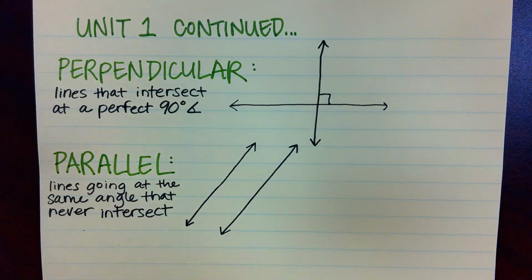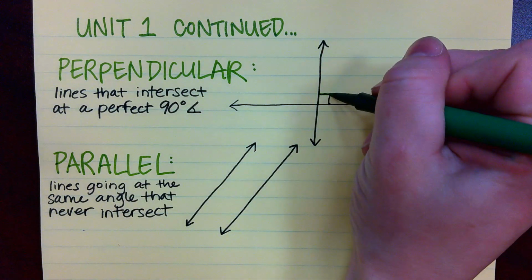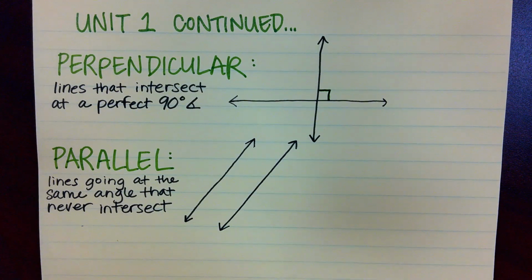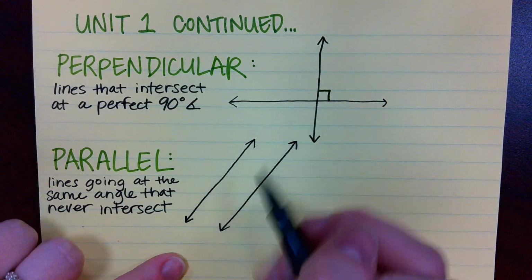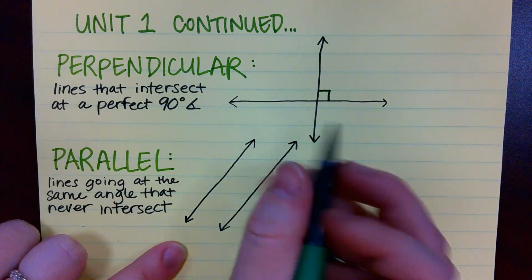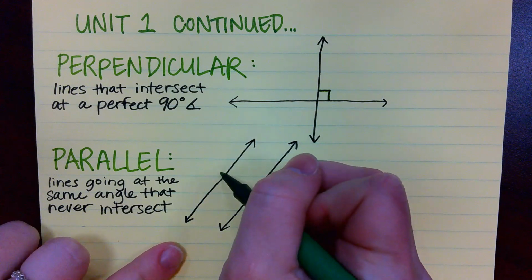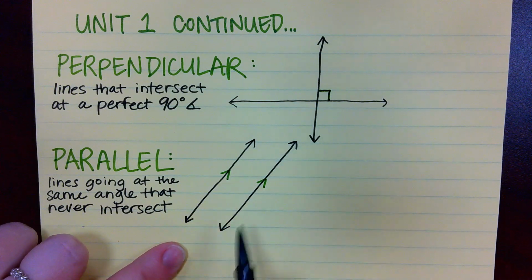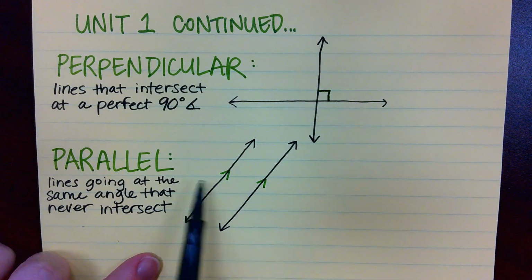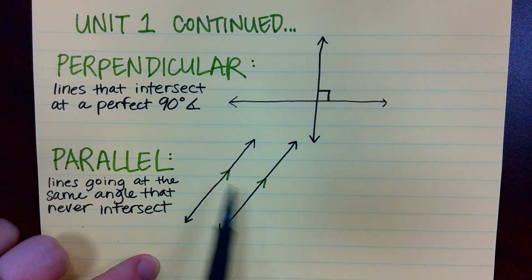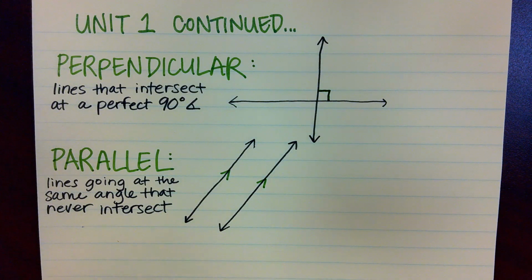Now, whenever two lines are parallel, we show that by drawing this. On each of the lines, we just put another little arrow on the inside like that. When we see this on two lines beside each other, that means that they are parallel to each other. It means they're going in the same direction. They're at the same angle, same tilt.